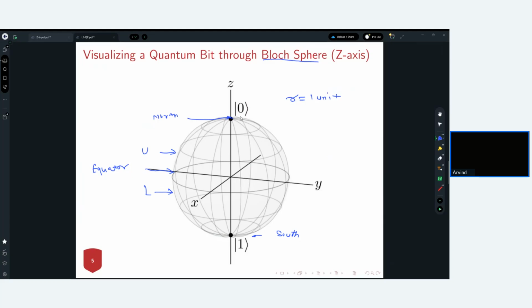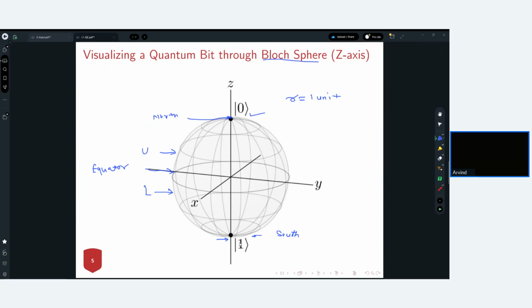Now the qubit 0 is typically the north pole of the sphere having radius 1, which we are calling the Bloch sphere, and the qubit 1 is the south pole of this Bloch sphere.